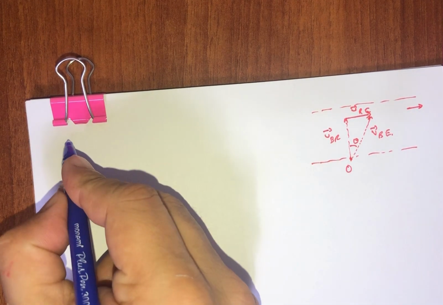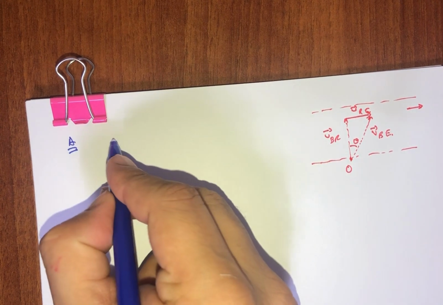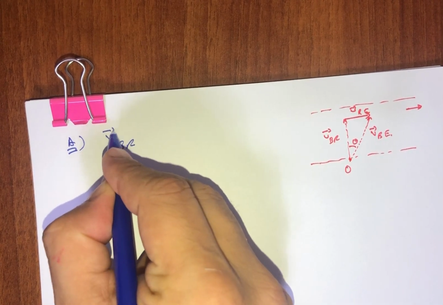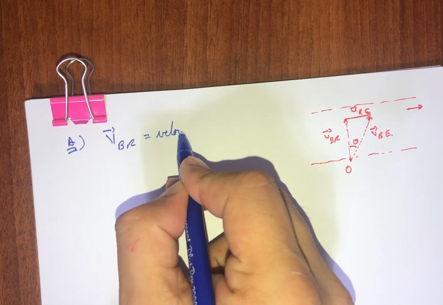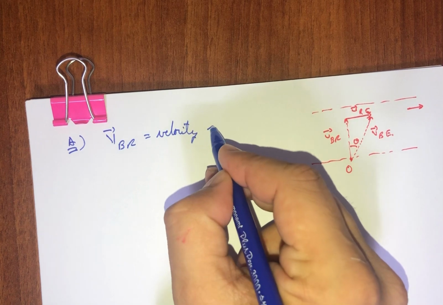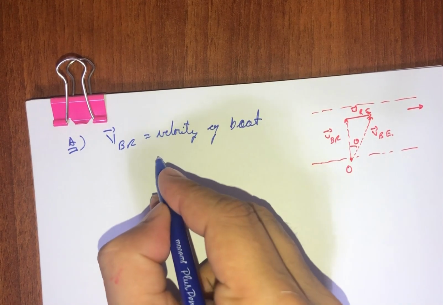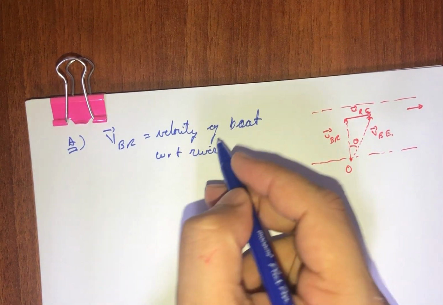Okay, so for the A part, we can write VBR, which is the velocity of boat with respect to river.